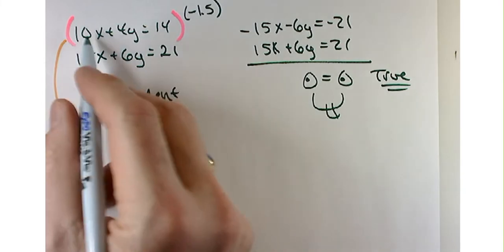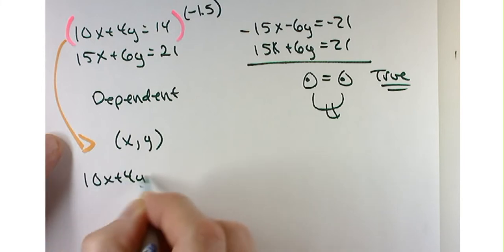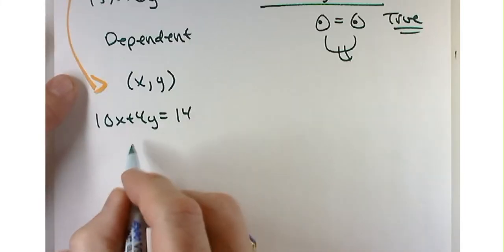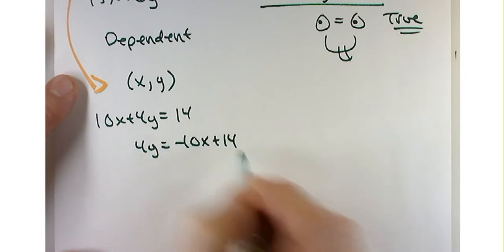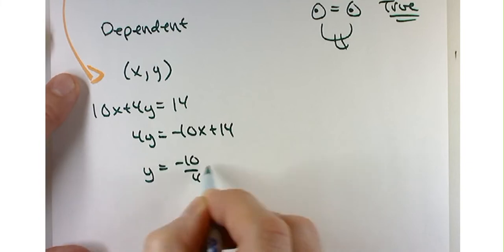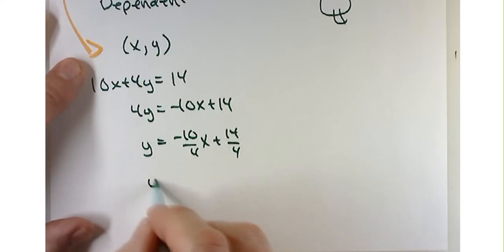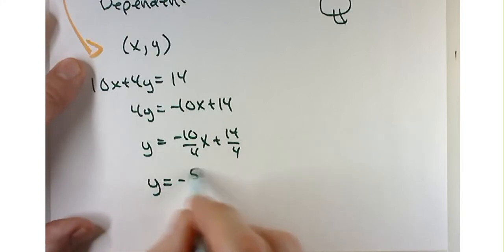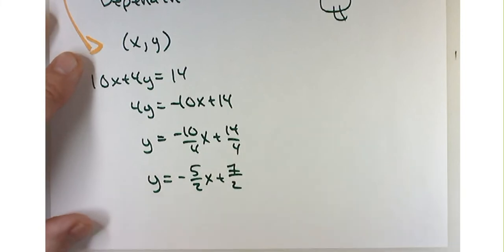So let's take this and solve for y. 10x plus 4y equals 14. 4y equals negative 10x plus 14. Divide both sides by 4, and then politely put that in lowest terms. Negative 5 halves x plus 7 halves. Beautiful.